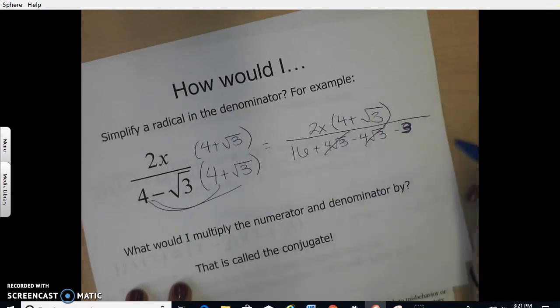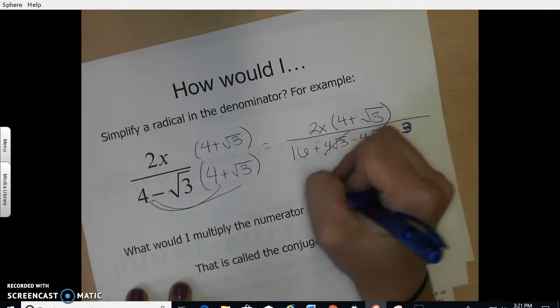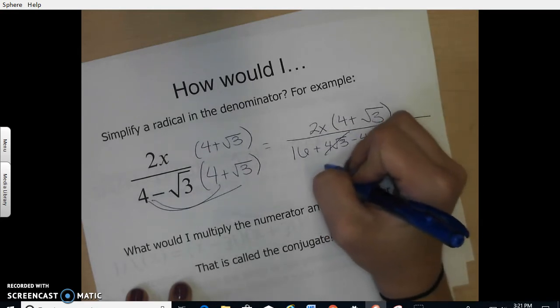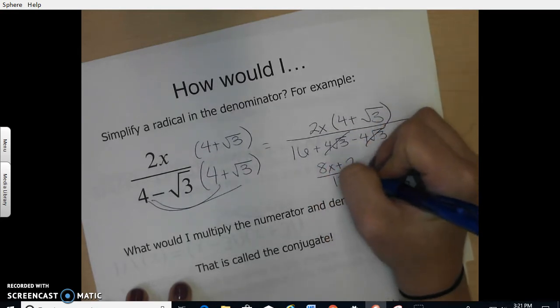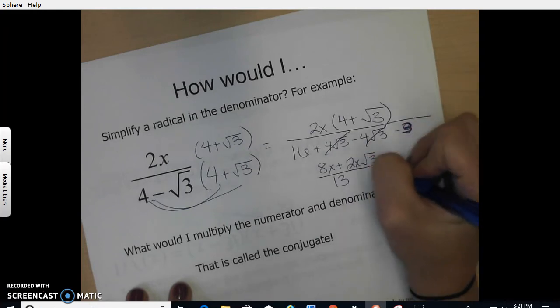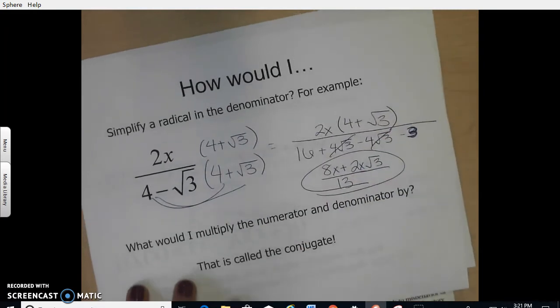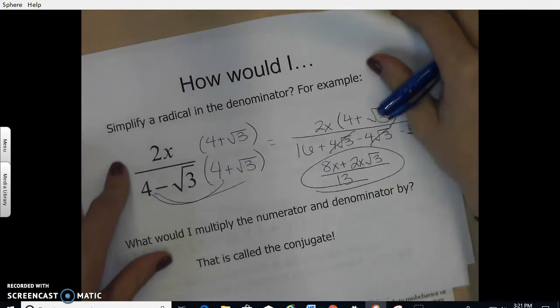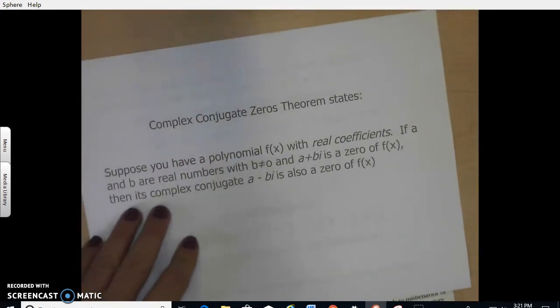My root 3's cancel. I get 16 minus 3, which is 13, and I could distribute in my numerator to get 8x plus 2x root 3. As you can now see in my simplified answer, I no longer have a radical in my denominator. So when I multiply by the conjugate, it gets rid of the radical.